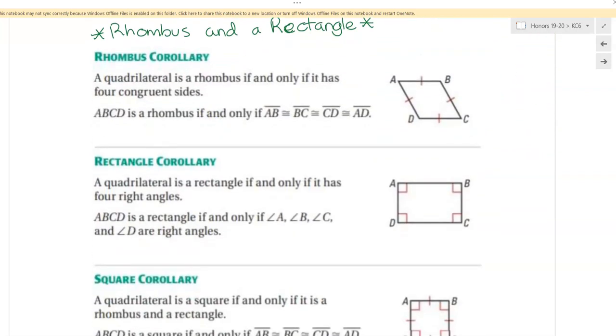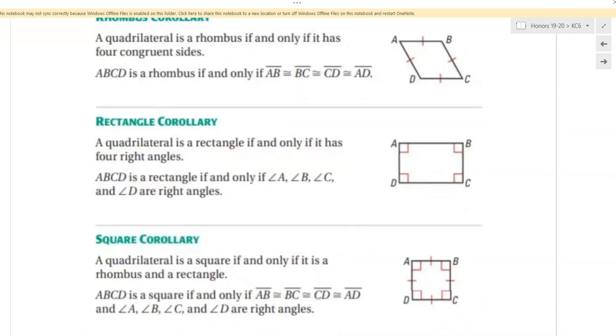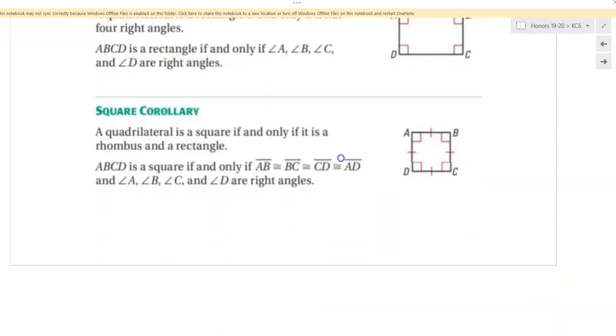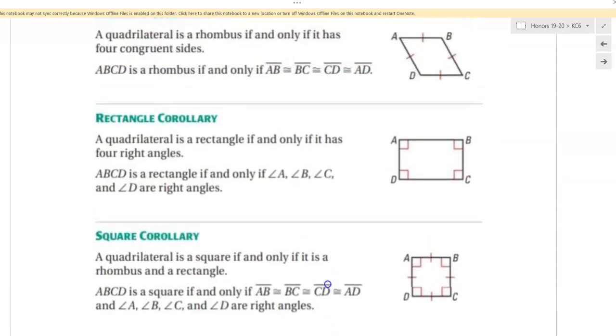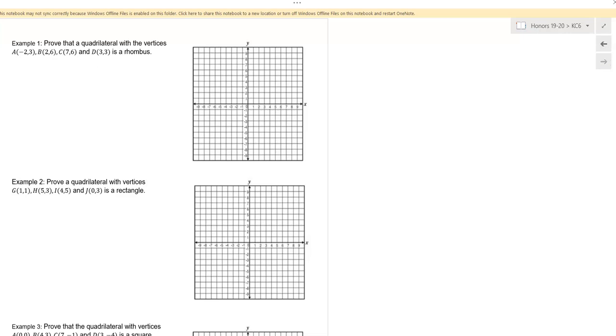It's a rectangle if and only if these are right angles. Okay, so we'll use it with our, what's the word I'm looking for? Perpendicular, which has to do with slope, right? And then a quadrilateral is a square if and only if it is a rhombus and a rectangle. Okay, it has both those properties. So let's look at some examples.